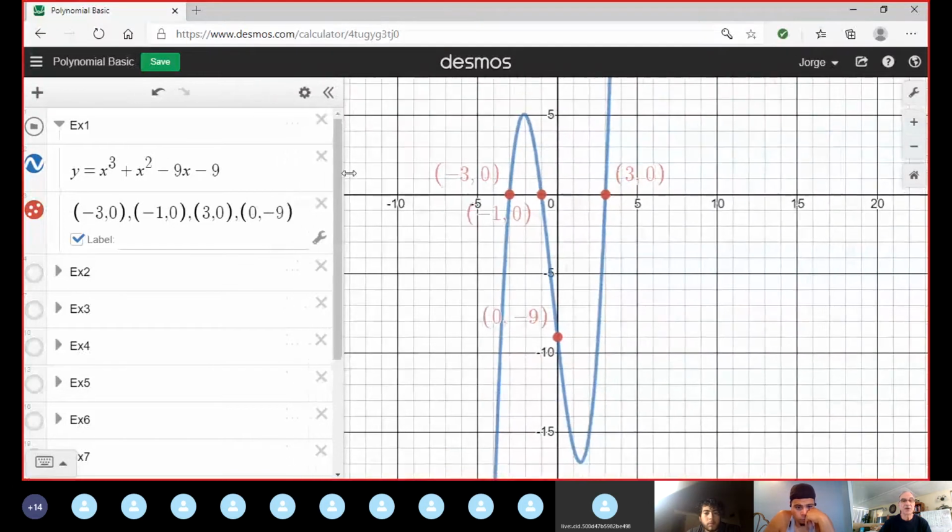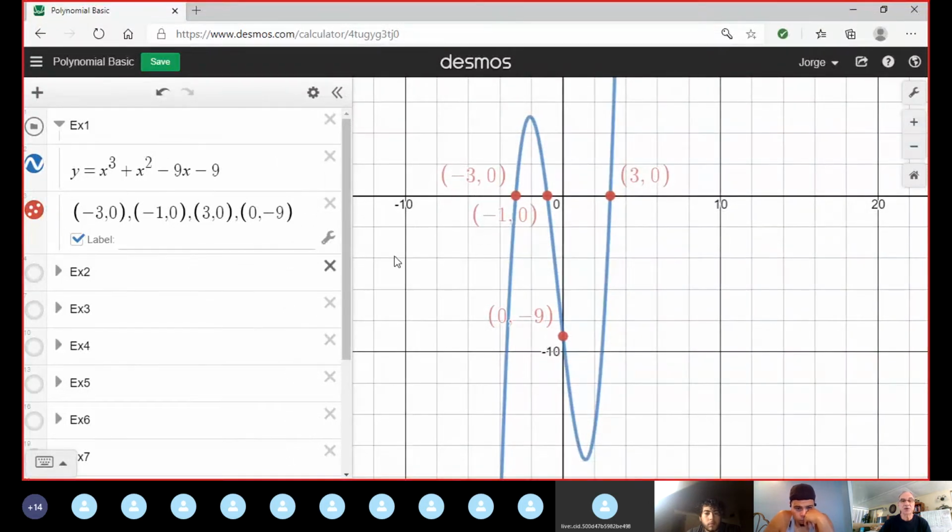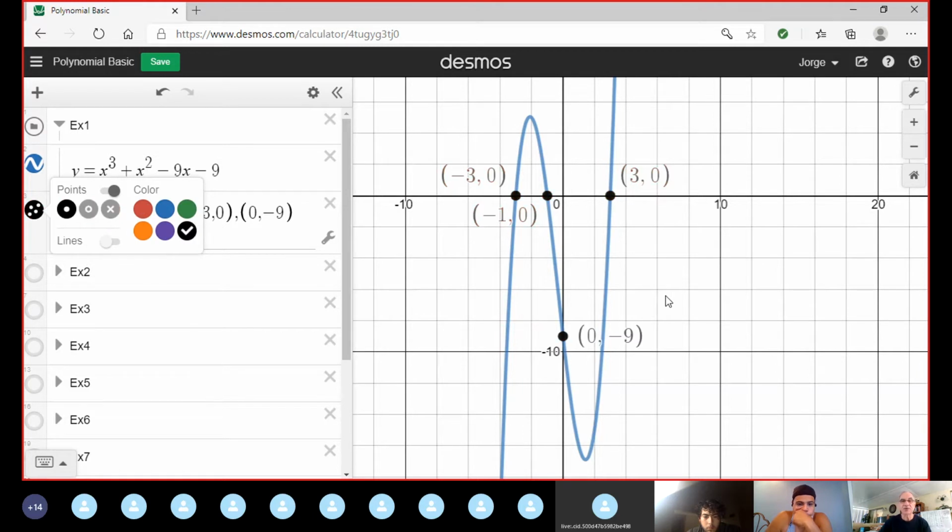If you want, you put the points. The most important points are 3 x-intercepts and 1 y-intercept. I plot that using the color that you want. You can change the color if you want. For example, I want to change from red to black. You press here, select the color that you prefer, and the point is now black.